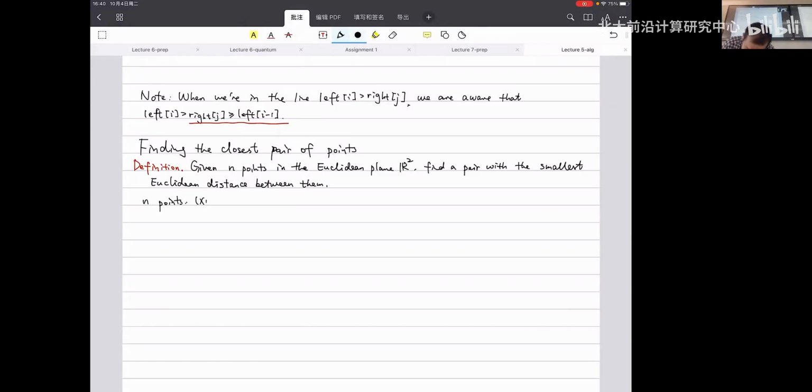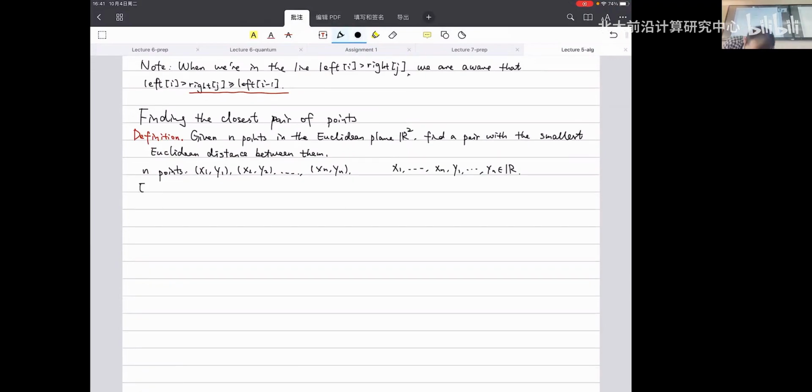Assume them to be (x1, y1), (x2, y2), up to (xn, yn). For all the coordinates, they are going to be real numbers.